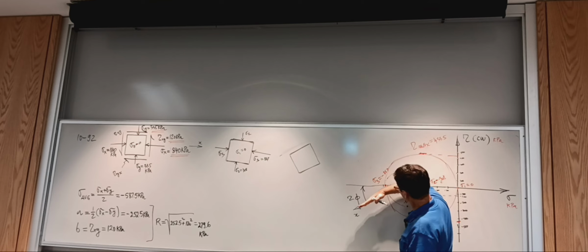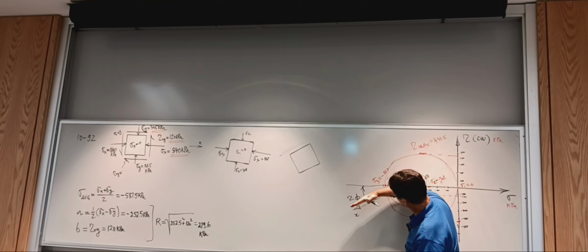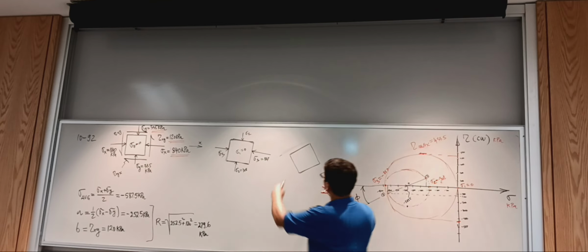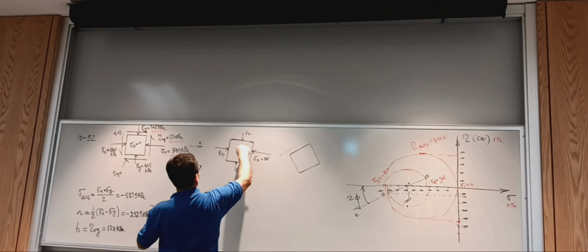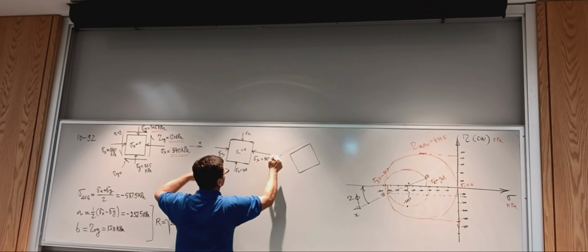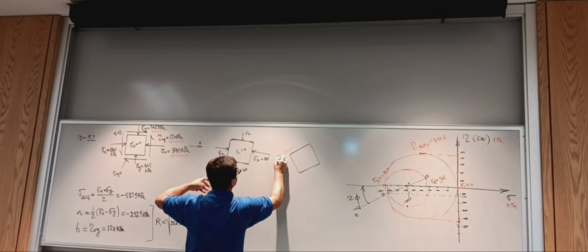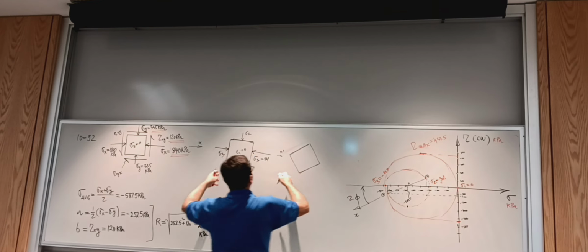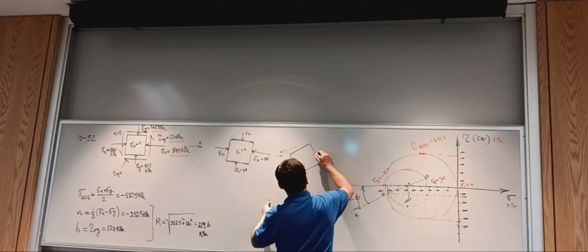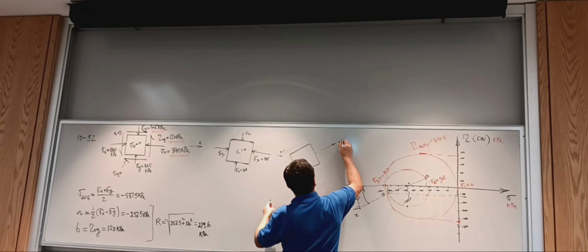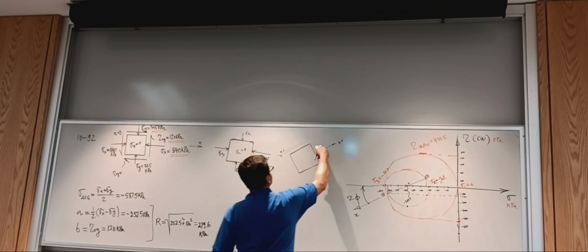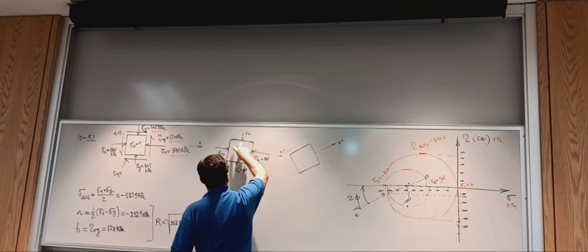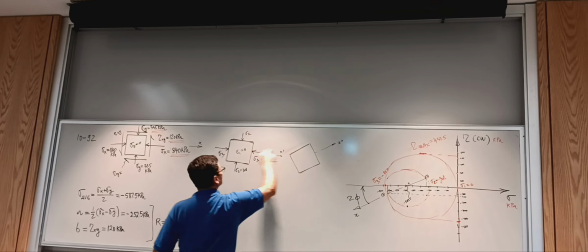I need to go counterclockwise, which I did. So this was the x-axis, and the x-axis prime would be this way. Going the other way, x-axis second would be this way. The angle between them is 45, between this element and this element.